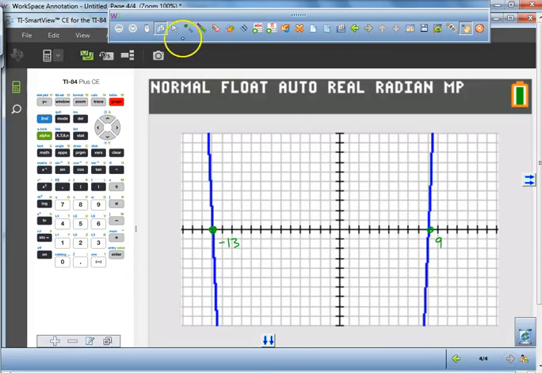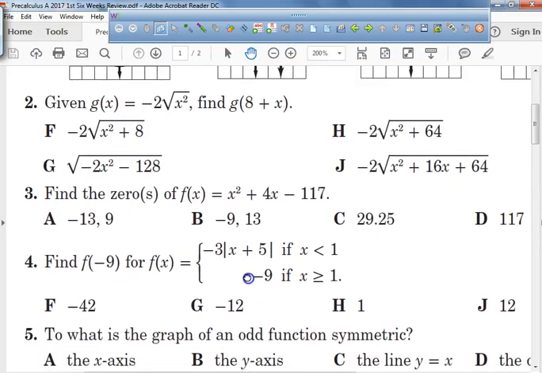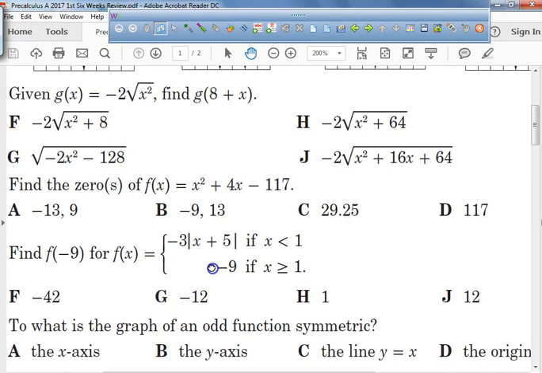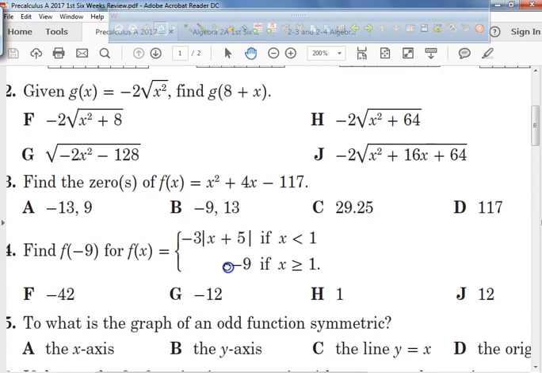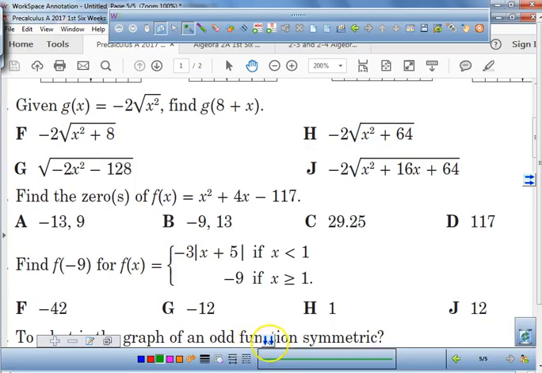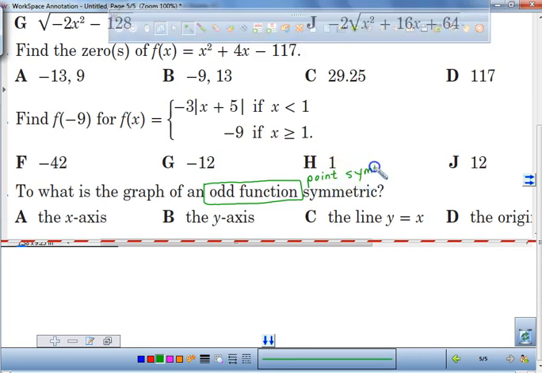All right, moving forward, let's take a look at problem number 5. Function symmetry. Odd function. By the way, everybody, when you are dealing with an odd function, that has what's called point symmetry. What does an even function have symmetry with?